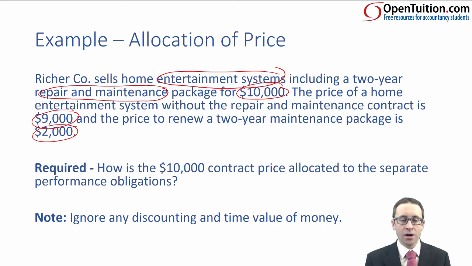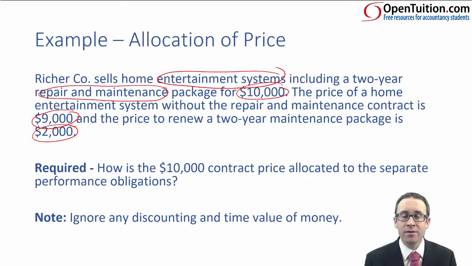So of that $10,000, how much is going to be allocated to the entertainment system? Well, if the total price is $11,000 based upon the standalone prices, and $9,000 of that $11,000 relates to the entertainment system, then we'll give 9/11 of the 10 to the entertainment system.